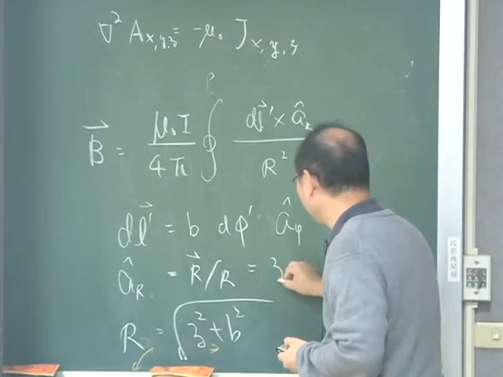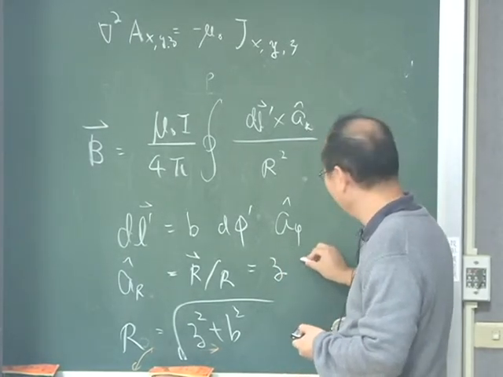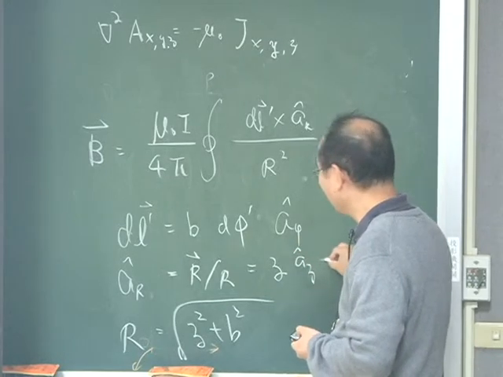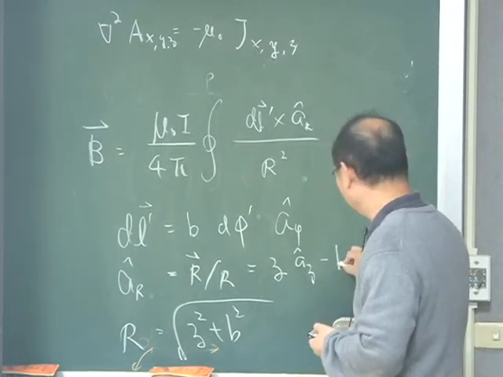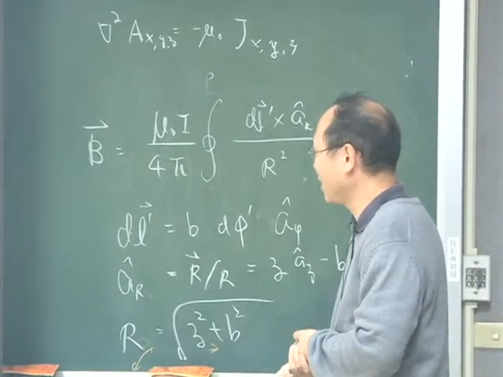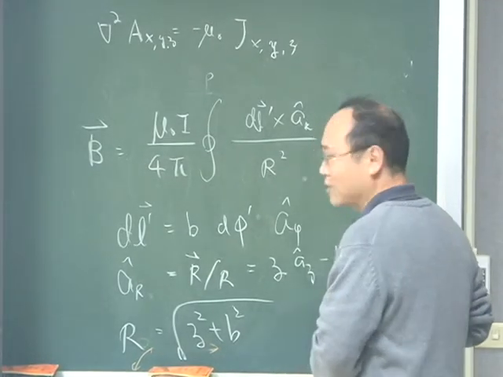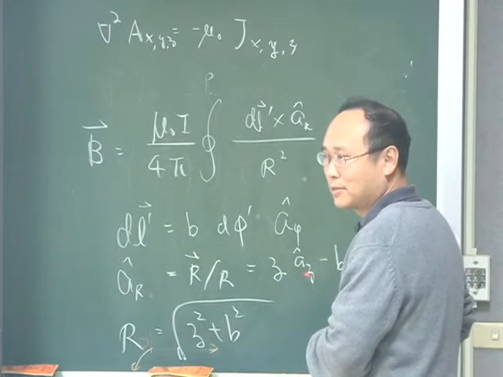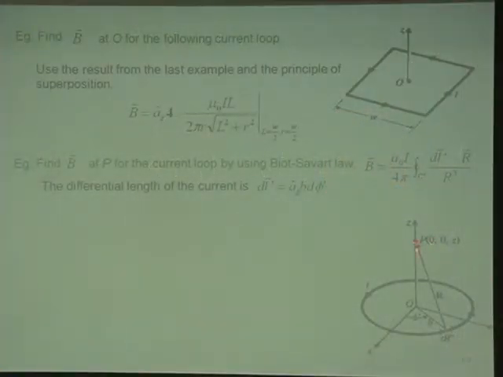This is equal to Z along Z direction minus B along r direction. This vector is B along small r direction. This is Z along AZ direction. So once you have these three elements, you can put them into this expression and do a cross-product integration to get the answer.